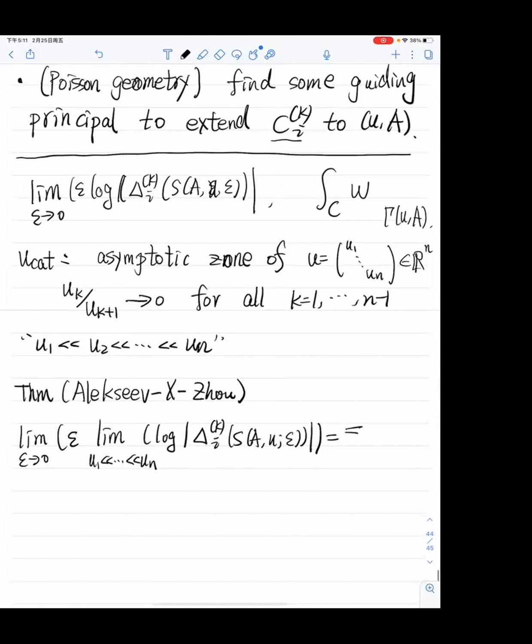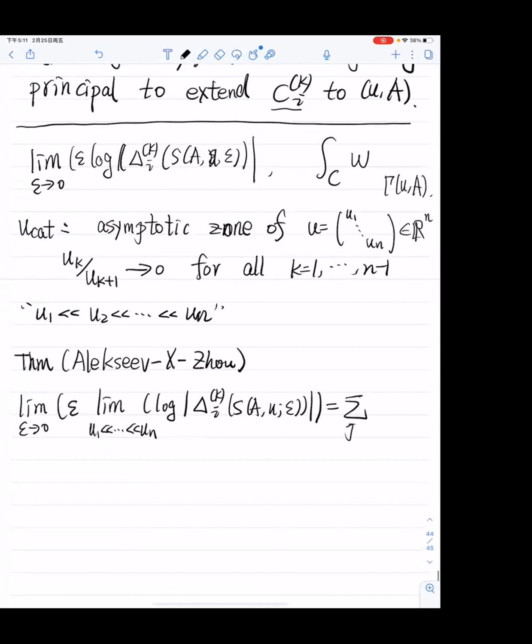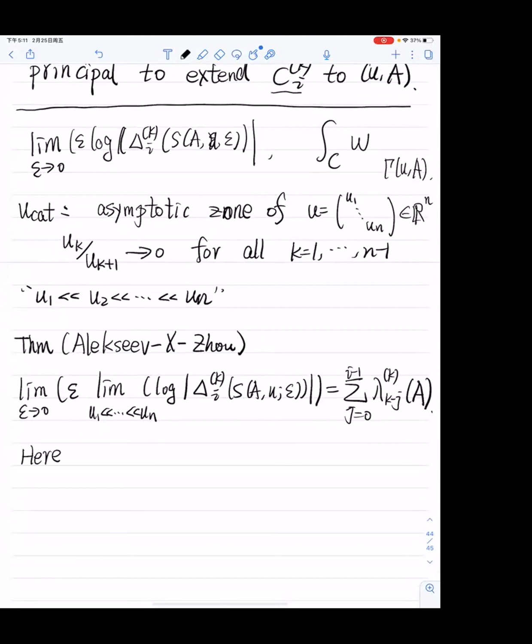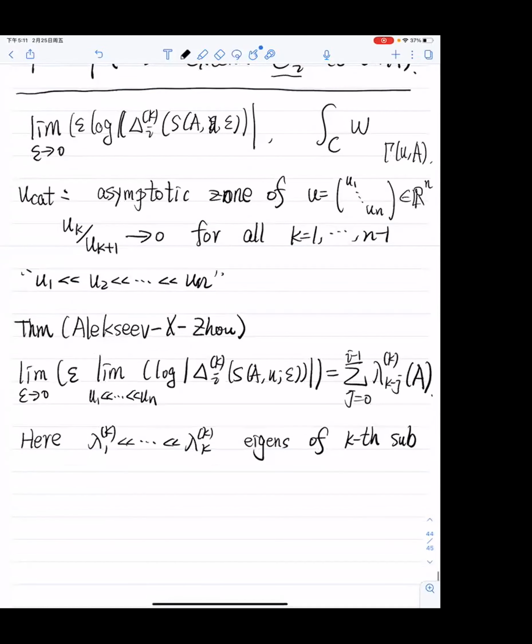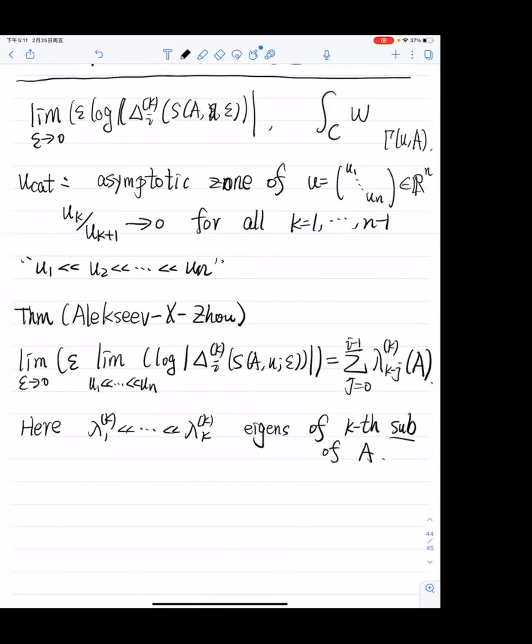Okay, so we compute this and prove that this is actually given by the sum of the eigenvalues of the sub-principal matrix of the Hermitian matrix A. So here, as I said, lambda_{k1}, so lambda_{kk} are the ordered eigenvalues of the k-th principal, like the left top k by k submatrix of the Hermitian matrix A. Right, so first we compute this thing.